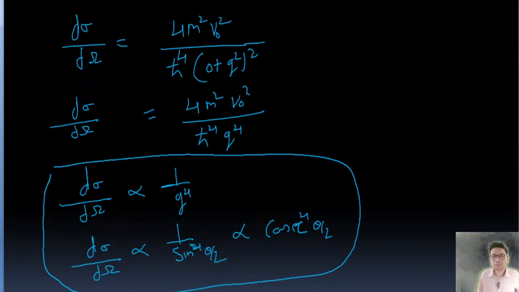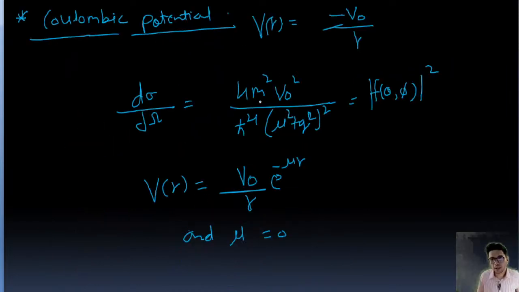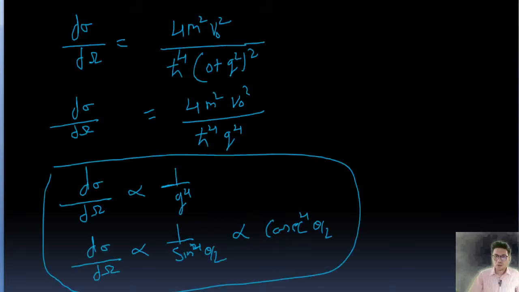So Coulombic potential is also in the form of Yukawa potential, where we'll put μ equal to 0. And μ is constant, which is equal to 0. Then if μ equal to 0, in that case Yukawa potential becomes Coulomb potential. Okay, guys, so this is done. Next question.